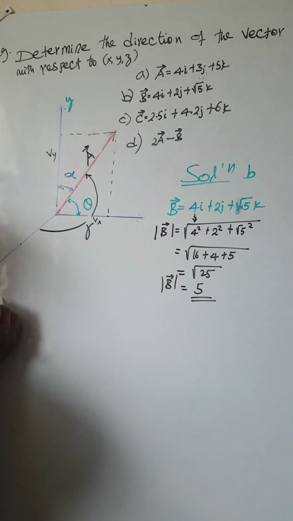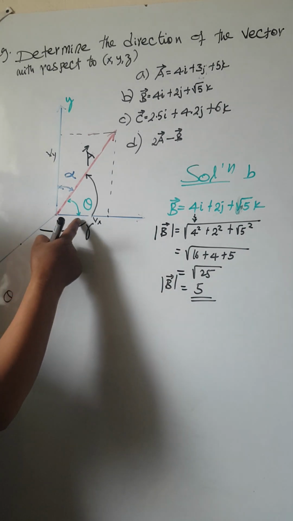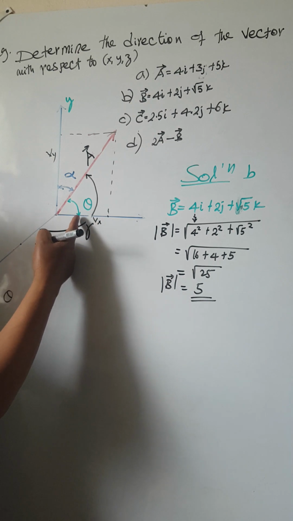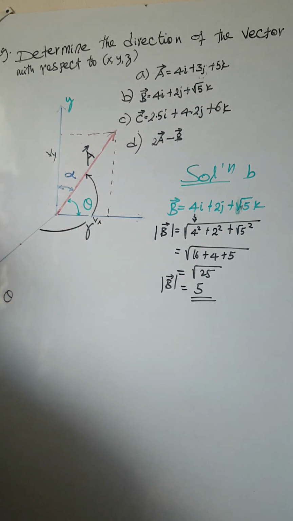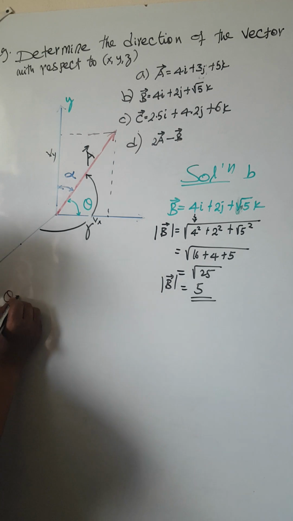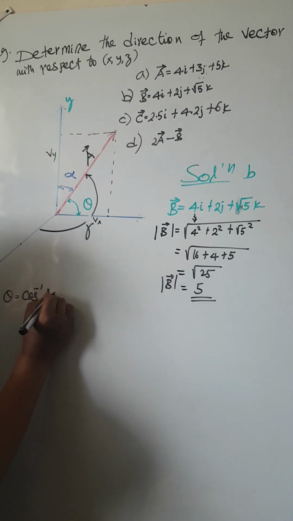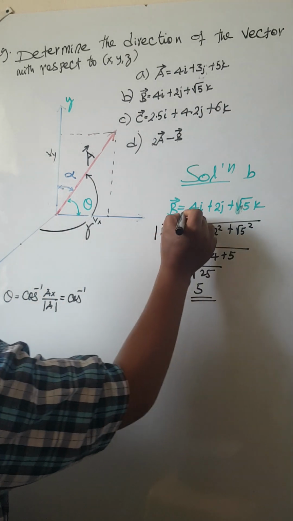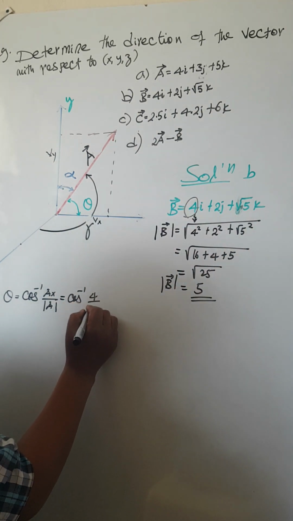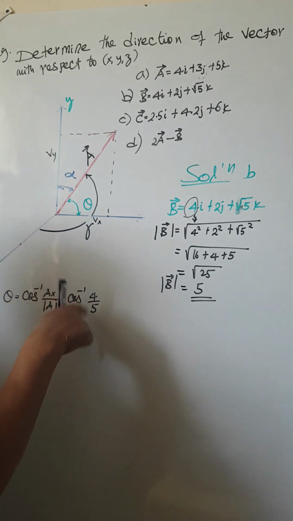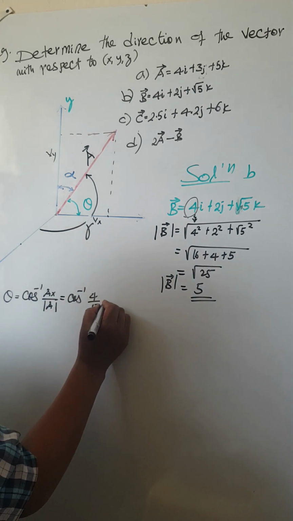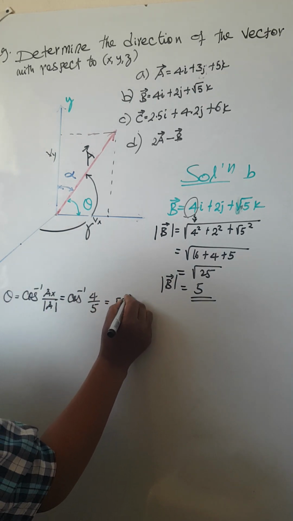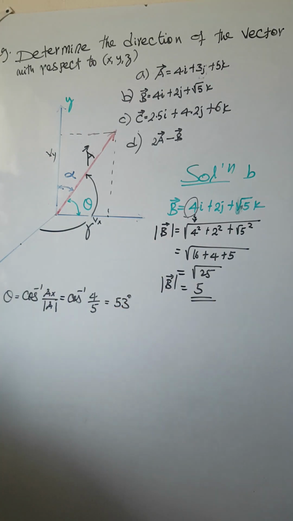Then theta, which is the angle the vector makes with the x-axis, is equal to cos inverse of Bx divided by the magnitude of B. This is equal to cos inverse of Bx is 4 divided by 5. This is cos inverse of 0.8. It's about 53 degrees.